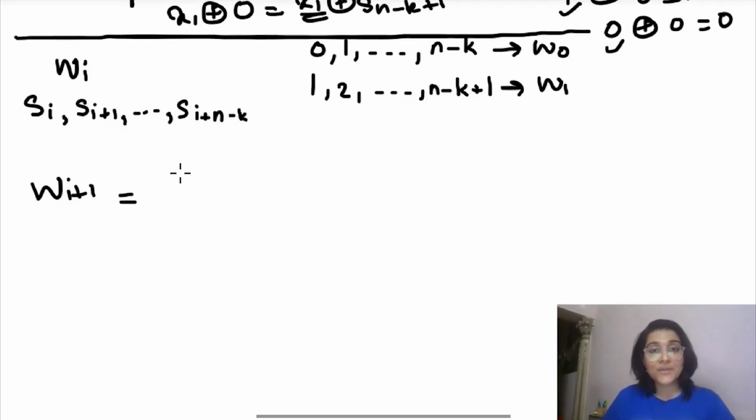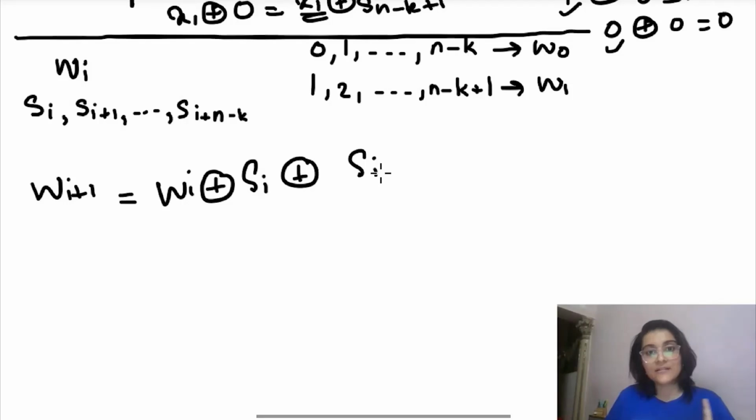To obtain the i plus 1th window, that is the immediate next window with the help of Wi, we need to XOR it with Si, that is the first character in the window, because we need to get rid of it for the next window, as well as the immediate next character to the last character in the previous window. So this would give us our i plus 1th window.